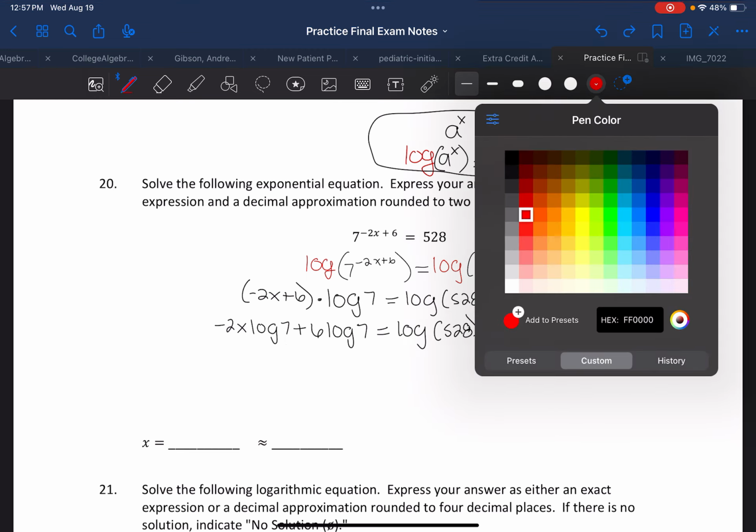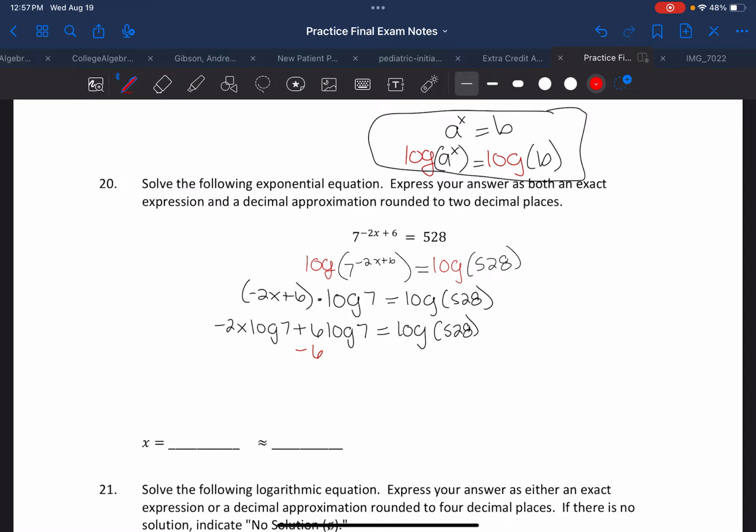So I'm going to subtract this entire term here, minus 6 log of 7. All that's being multiplied, the 6 is being multiplied to the log of 7. So it's just a number since there's no variables. So I can subtract that whole thing from both sides. It'll cancel on the left.